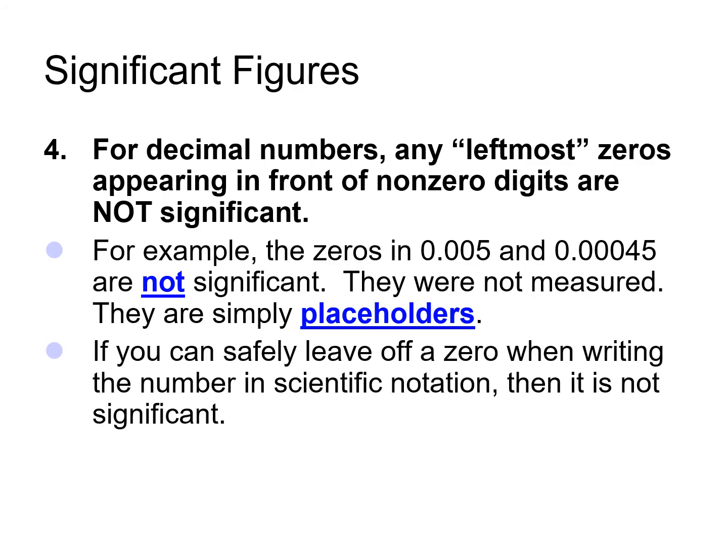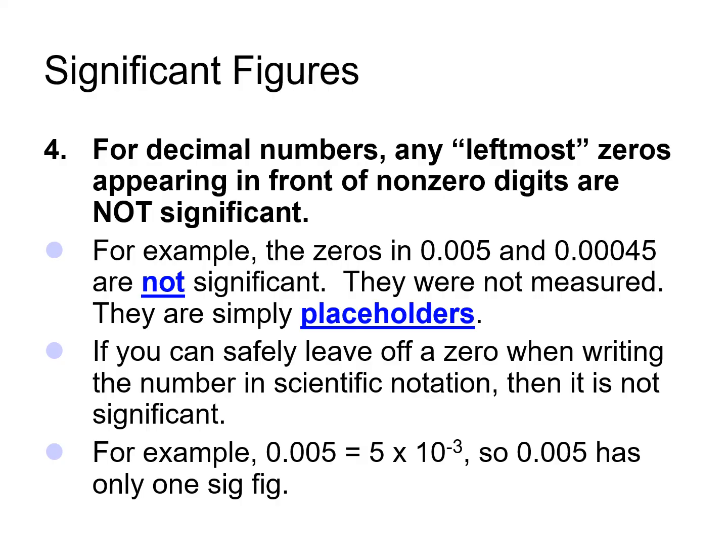If you know how to convert numbers into scientific notation, that 0.005, for example, would change into 5 times 10 to the minus 3 power. Since there are no zeros after the 5, only the 5 was significant. So converting numbers to scientific notation sometimes will help you figure out the significance.